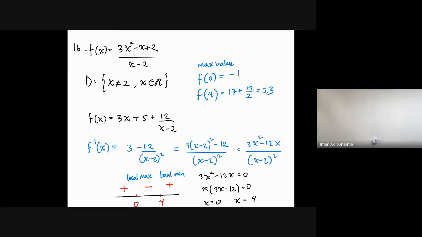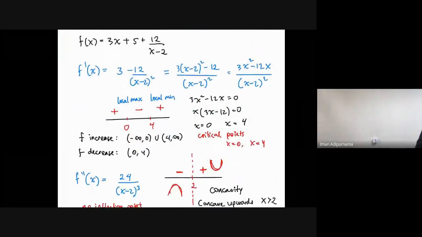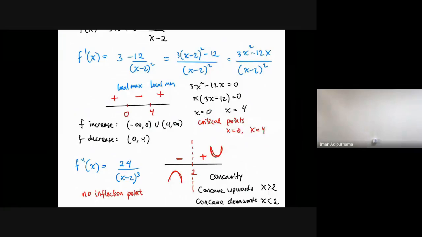So from here, this 3x plus 5 is the other asymptote, okay? Finding this f prime and then the f double prime, from the f prime going to f double prime, it's much more easier, rather than having the quotient rule, f prime g minus g prime f over g squared, and then you will have long terms.